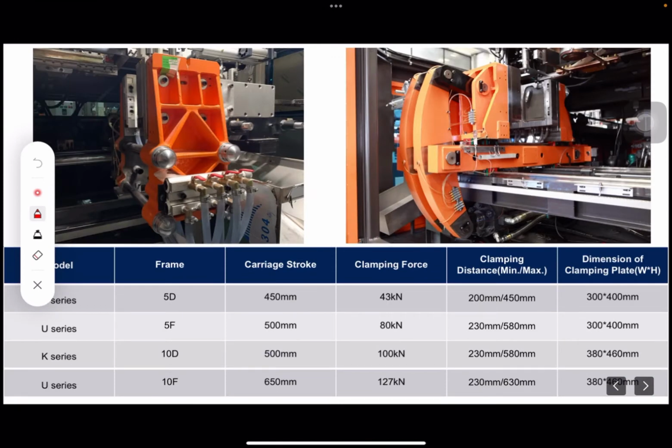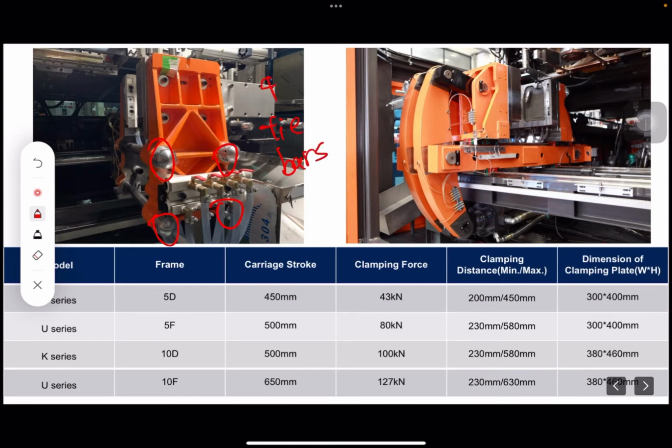And this page shows us the whole details of the frame we talked about just now. But are they really all suitable for 5 liter and 10 liter products? And we'll figure it out later. And you can see here, yes, the tie bars. There are 4 tie bars.